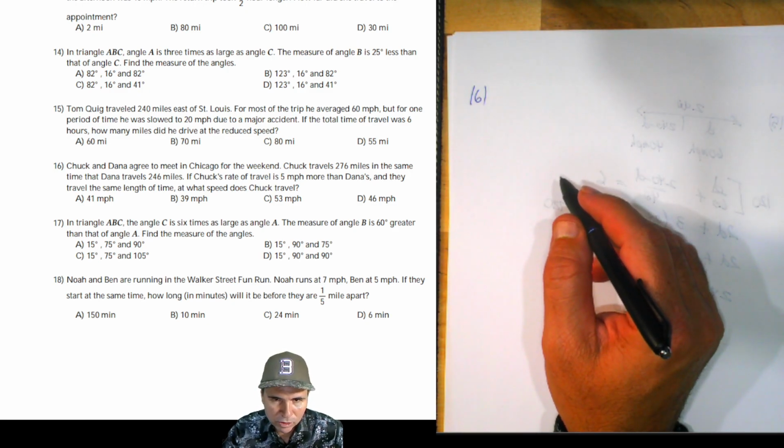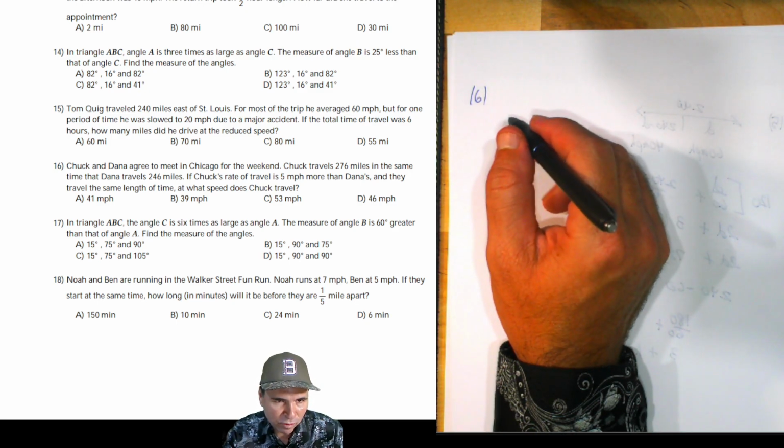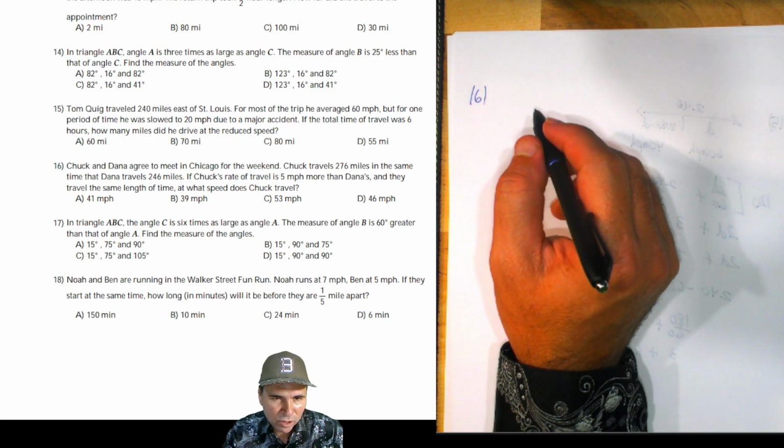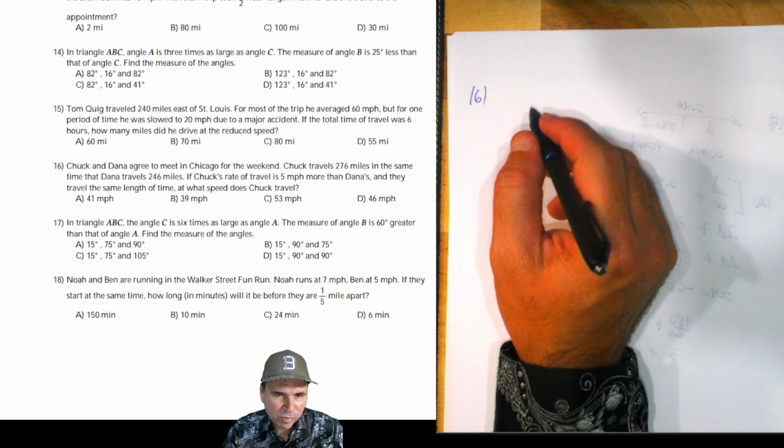Chuck travels 276 miles. In the same time, Dana travels 246 miles. Okay, it's the same time. If Chuck's rate of travel is 5 miles per hour more than Dana's, they travel the same length of time. At what speed does Chuck travel?